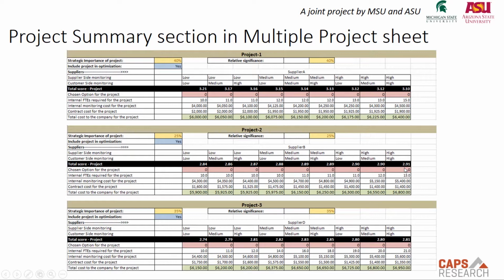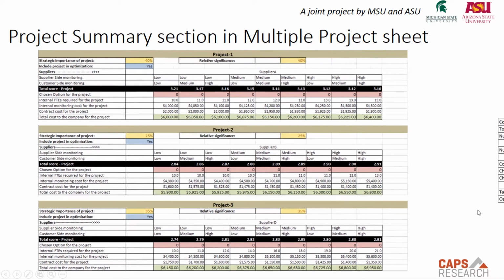That obviously shows on the tool that it's not universal which one's the best one. It depends on the different characteristics. And on the third one, it looks like 2.85, a medium high, is the best option. But it may not be able to do all 3 of those because of the budget constraints and the headcount constraints, which are specified down in the lower information about each project.